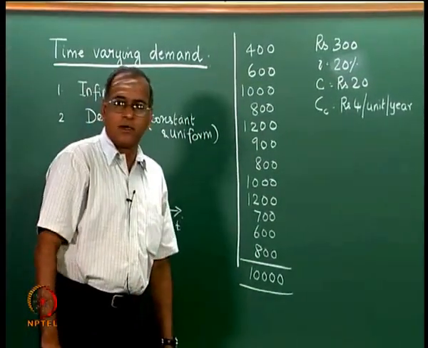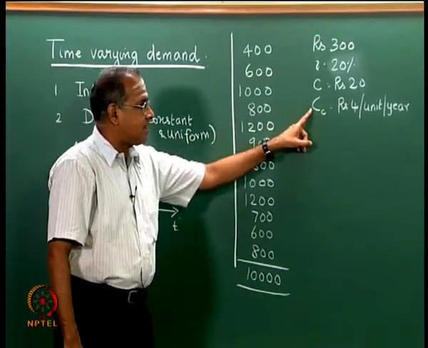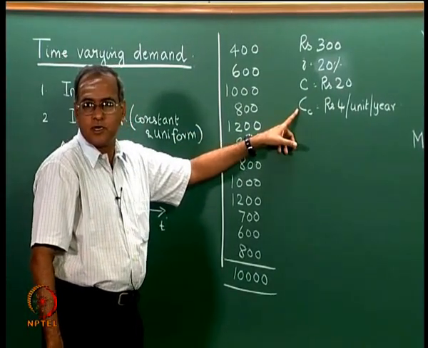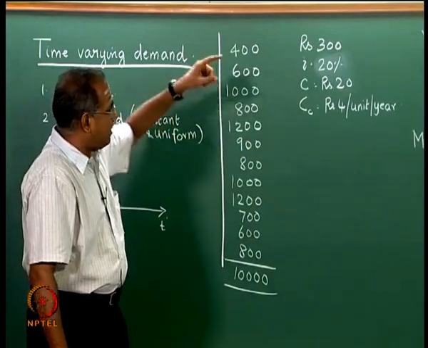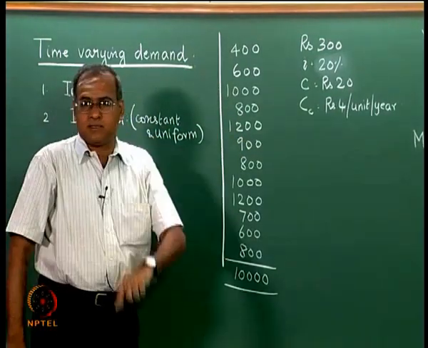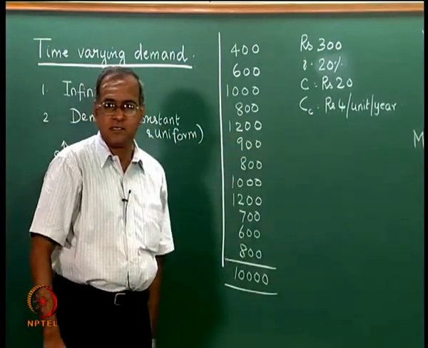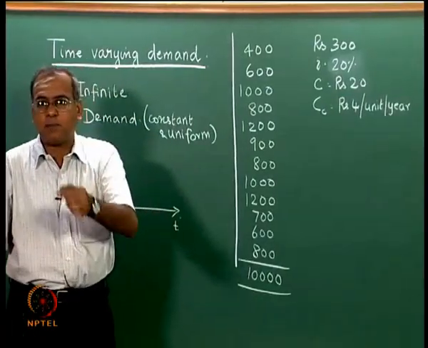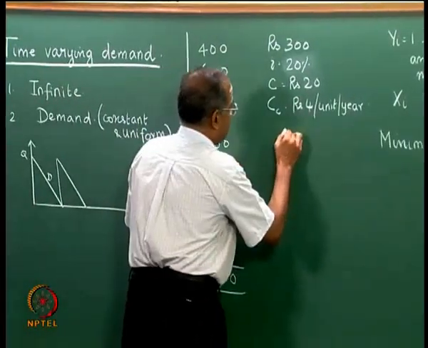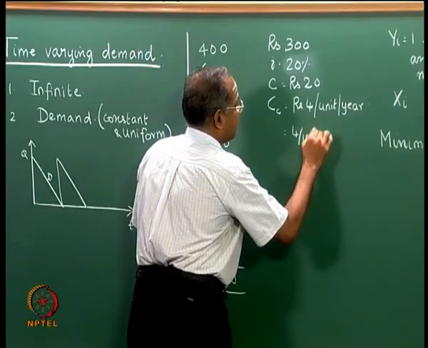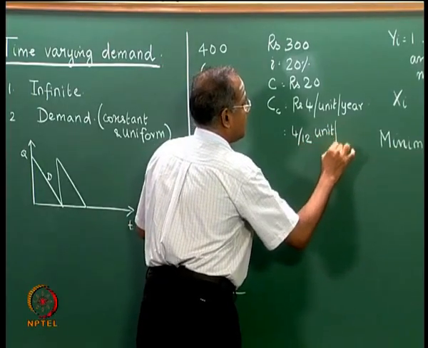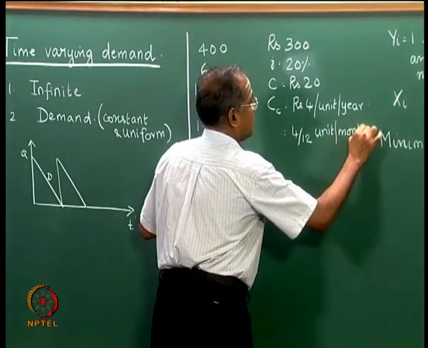Now here we have calculated that Cc is rupees 4 per unit per year. Our period is a month, so Cc has to be written as so many rupees per unit per month. So this will become 4 by 12 or 1 by 3 per unit per month.